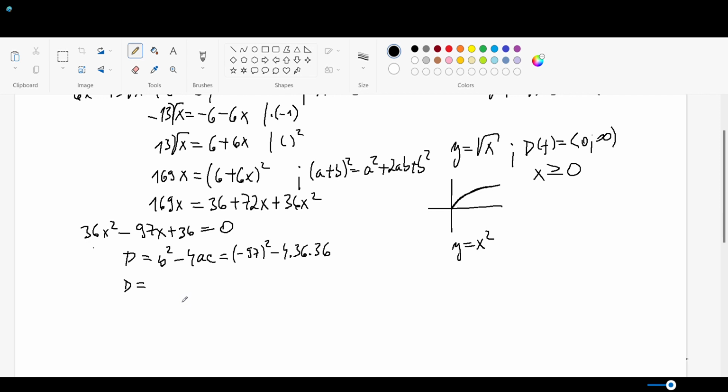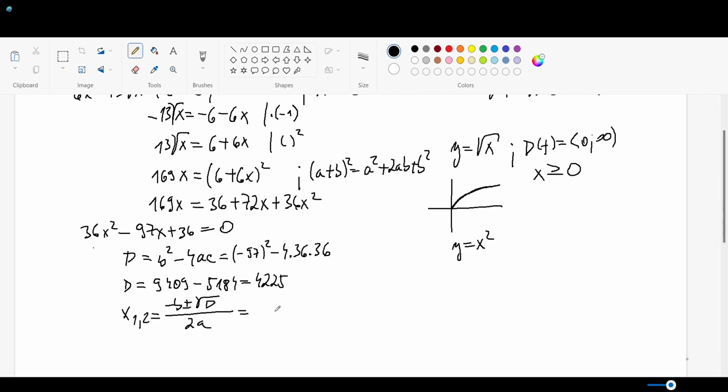So 97 squared is equal to 9,409 minus 4 times 36 times 36, which is 5,184, which is equal to 4,225.